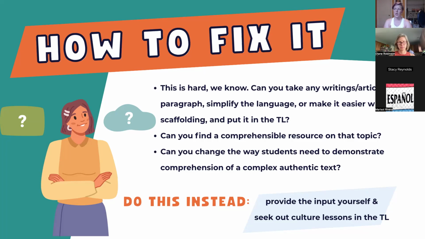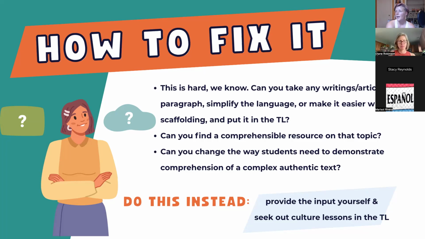My first suggestion is, can you find a comprehensible resource on that topic instead? My friend Sherry Sebesta from World Language Cafe is really good at this, where she'll make resources all about different holidays and celebrations and cultural things, or even introducing new countries and places. All of the language is accessible and comprehensible for students, and none of it is in English. There's lots and lots of activities out there like that.